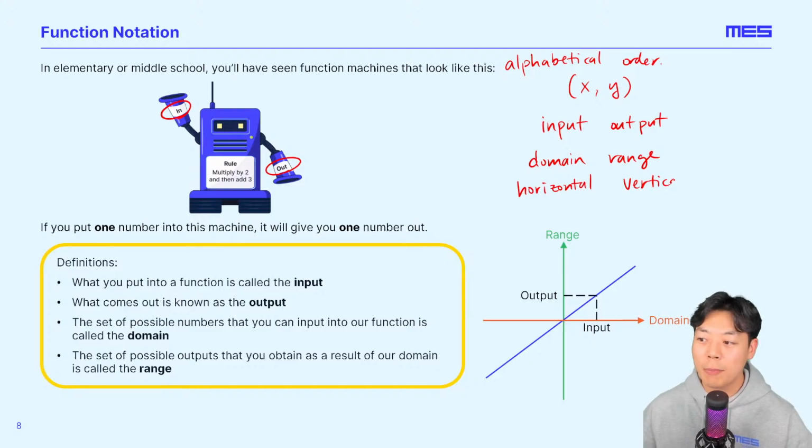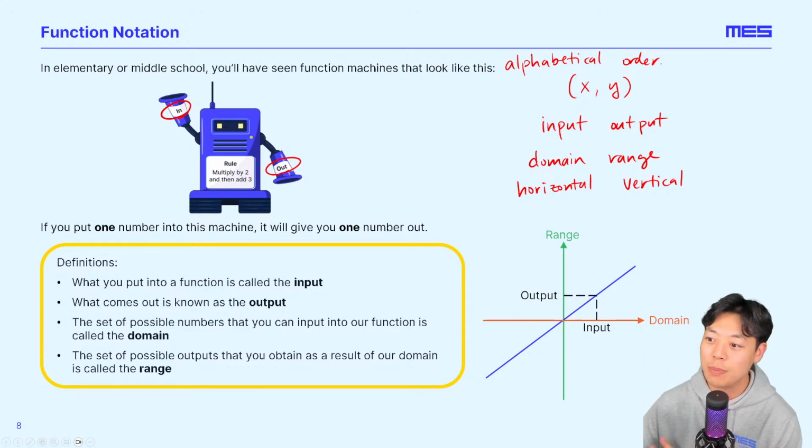I know a lot of students, even when I was teaching AP calculus, would oftentimes make the mistake of calling the y-axis the x-axis. I know, kind of embarrassing, but everyone makes mistakes. We can understand it as in alphabetical order.